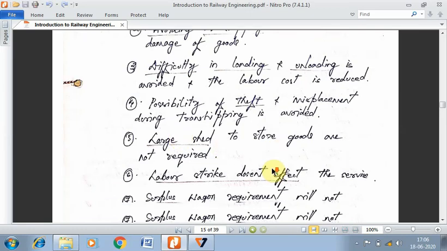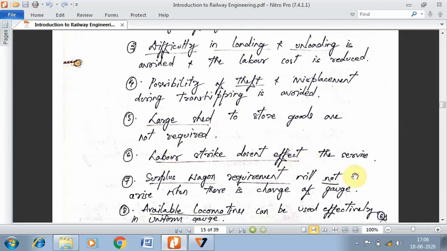Then you will have to depend upon labors, and if the labors are not there at the required time, then obviously you will have to do it by yourself, which is again impractical, right? Then there is something related to wagons and the number of wagons required. Suppose you are traveling in a smaller vehicle and you want to shift to a larger vehicle, obviously you will have plenty of space, right?